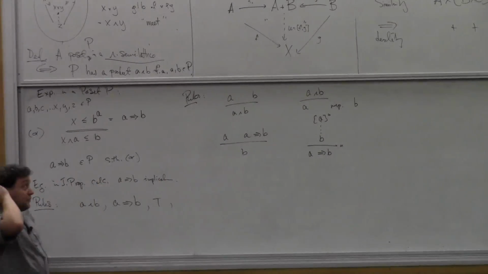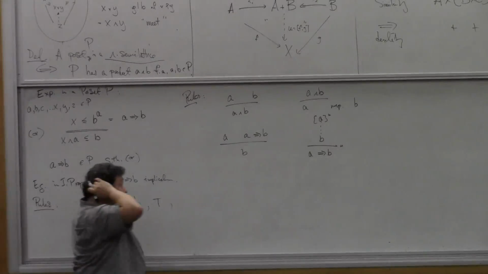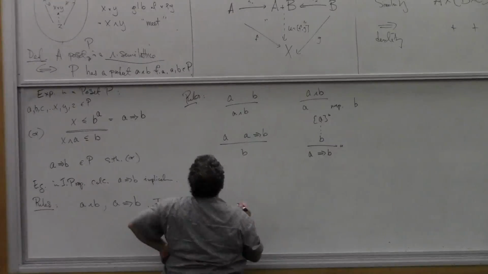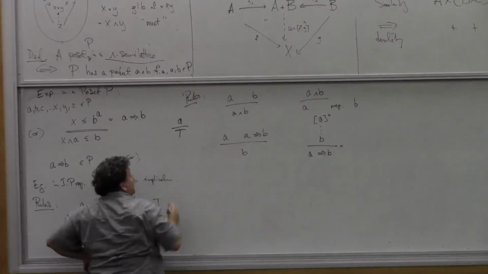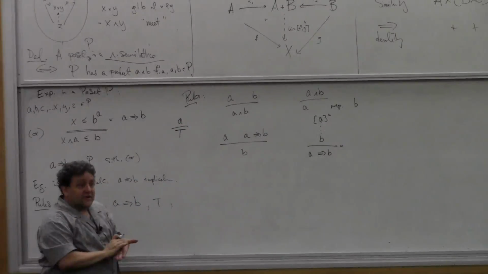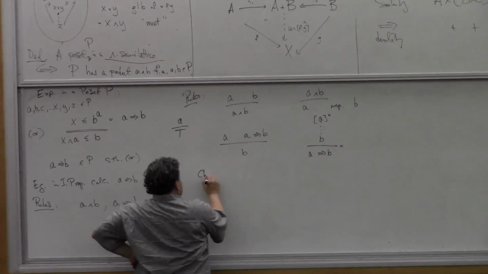So that's a kind of abbreviated or typical natural deduction setup for that fragment of propositional logic. Since we have true in there, we might as well allow ourselves to infer true from anything or from nothing at all. And now we need to check.